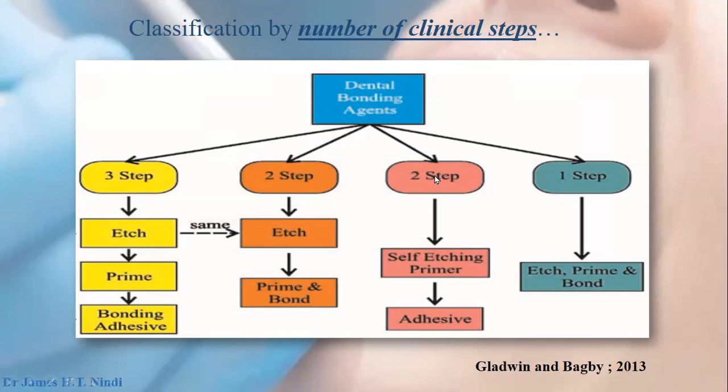Another modality of 2 steps is where the etch and the prime are combined to form the self-etching primer, and then the adhesive is separate. Then we have 1 step, where the etch, prime, and bond are combined into one. So this is one way of classifying adhesive systems.